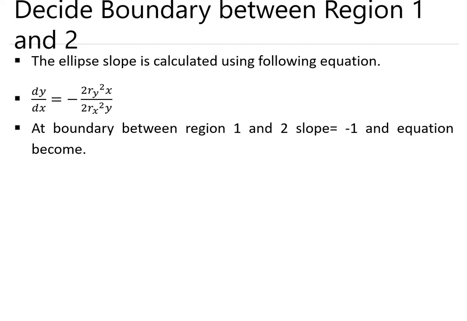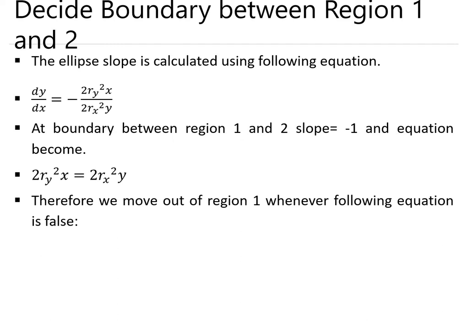At the boundary between region 1 and region 2, the slope is equal to -1, and the equation becomes 2ry squared x equals 2rx squared y. Therefore, we move out of region 1 whenever the following equation is false. So when this equation is false, we will move out of that region. This is your formula.